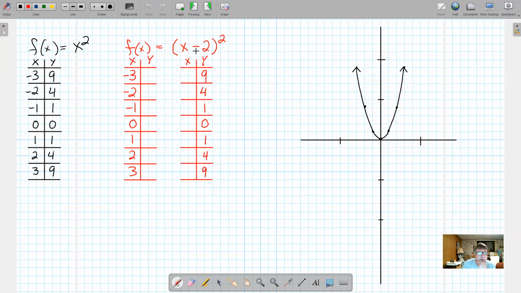Now we're going to put a number inside of the x squared. So it's no longer a constant outside, but it's inside. Let's see what's going on here.